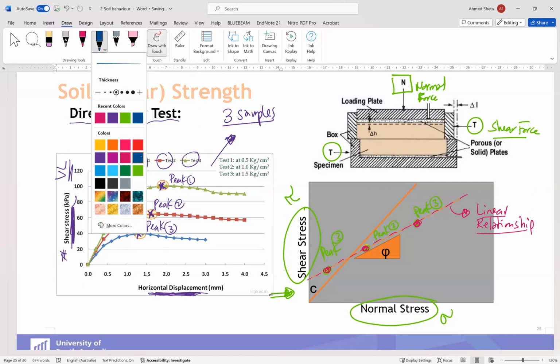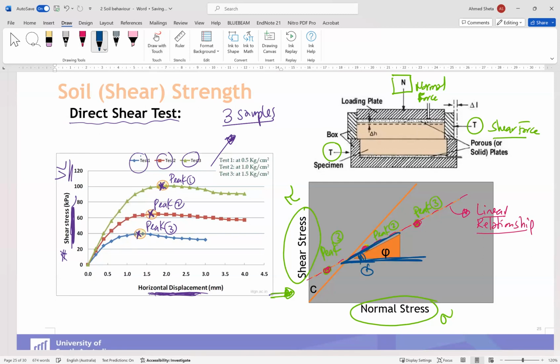So what is phi? Phi will be the slope of this line. So phi, or the friction angle, is the slope angle. And what is C? As you can see here, in some cases we will have an intersected component from the y-axis.